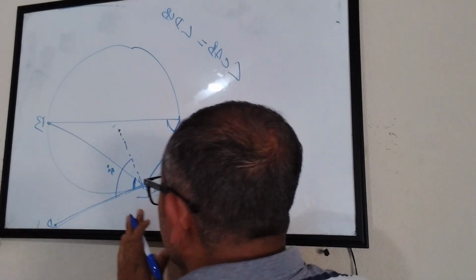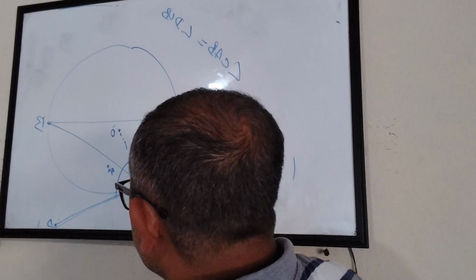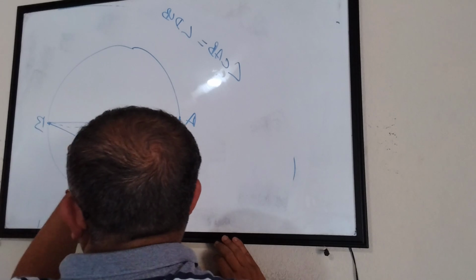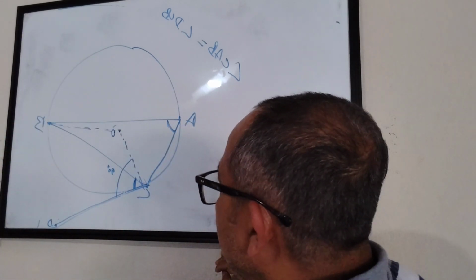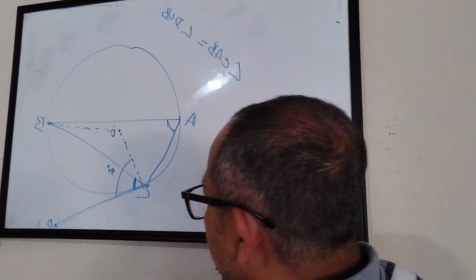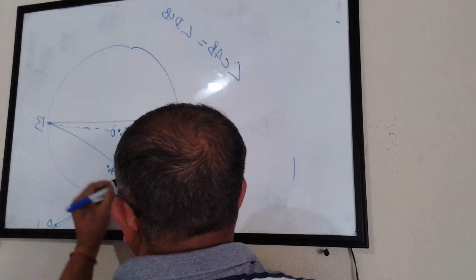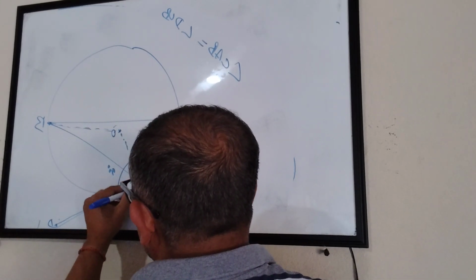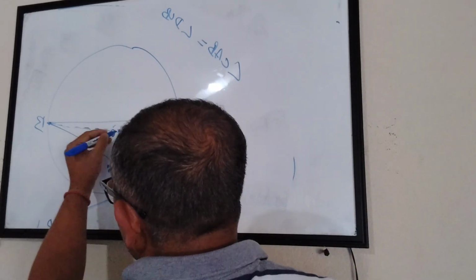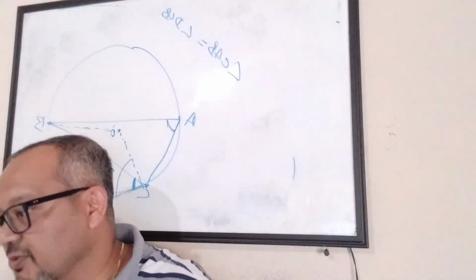I just want you guys to pay attention here. First thing is, let's join this one with the other end of the chord. Let's say this was my tangent here. We have to find out what is the value of this angle and how this angle is equal to this one. Meaning, we have to prove this one, right? Now, what did I do? I have just joined this. Anybody wants to take an attempt or tell me at least the approach part of it?